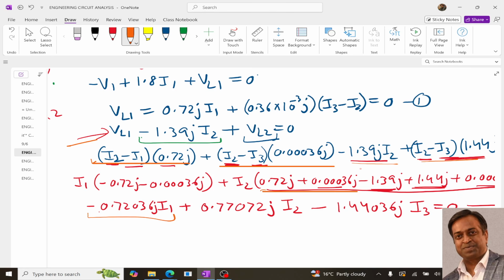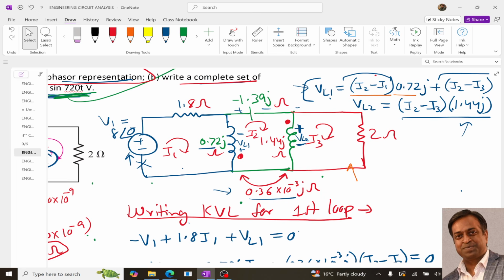Then minus 1.39 plus 1.44, so 0.05, so we get this, right. Yes, so we get this equation, so it is correct. So this is our second equation, and now for the third equation we need to apply the loop for this.